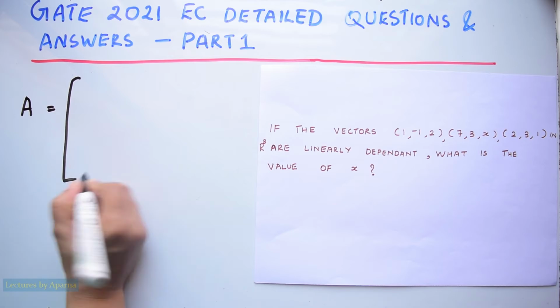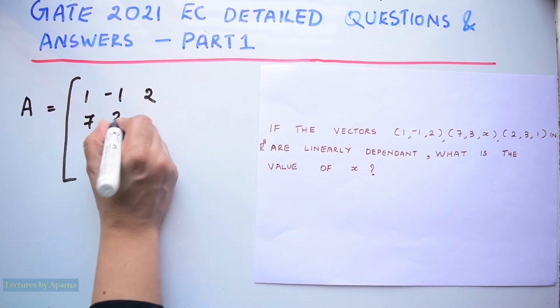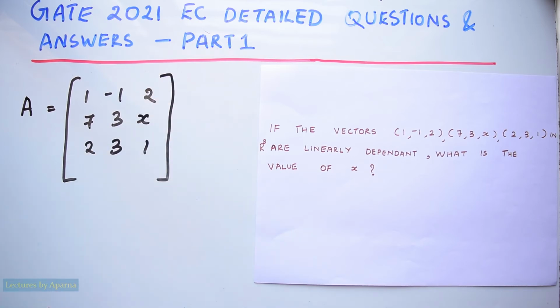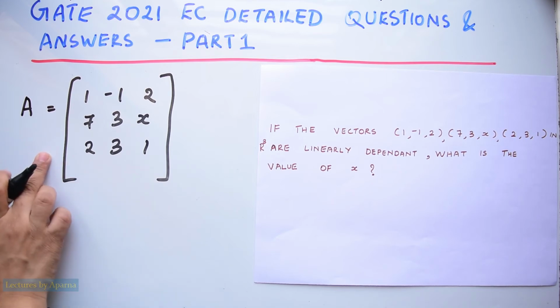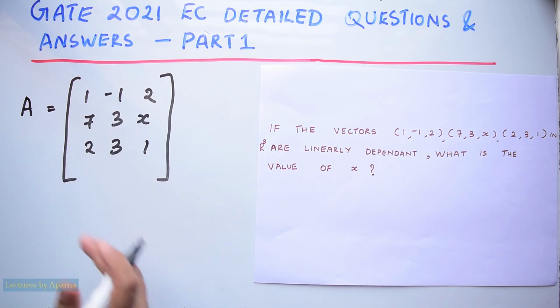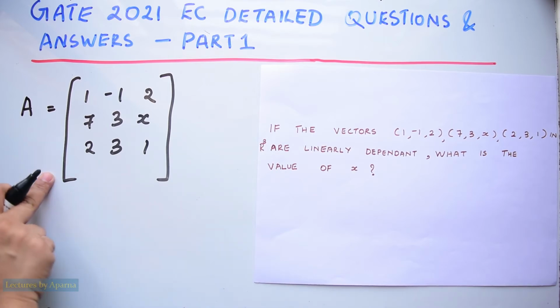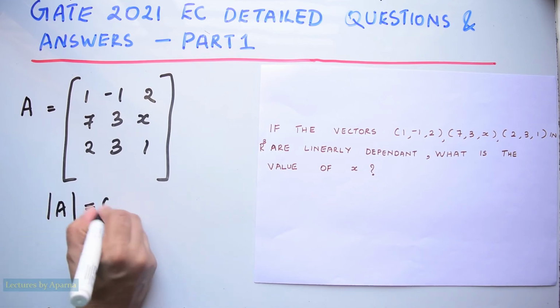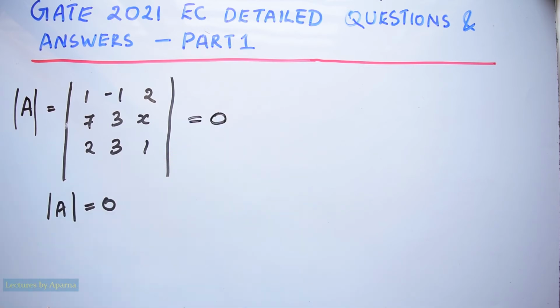Matrix A is equal to 1 minus 1 2, 7 3x 2, 3 1. If the vectors are linearly dependent, this matrix A will be a singular matrix. Singular matrix means the value of its determinant will be equal to 0. That is, determinant of A is equal to 0.